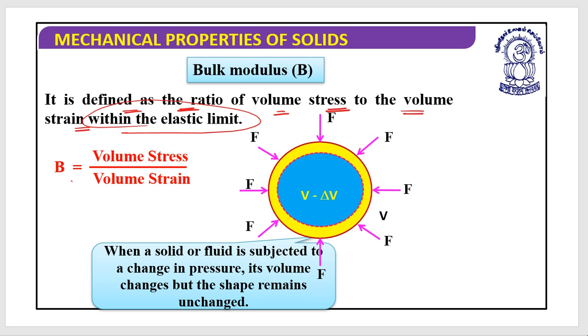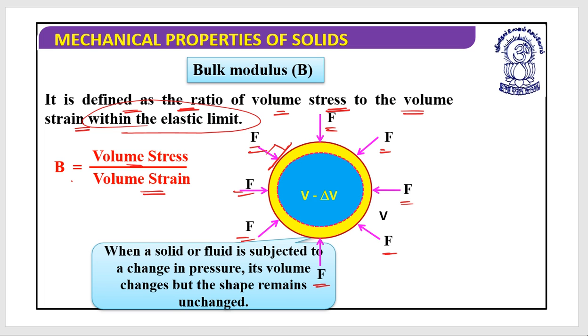So B equals volume stress divided by volume strain. As you can see, a force acts on this object from every direction, perpendicular to the surface at each and every point.